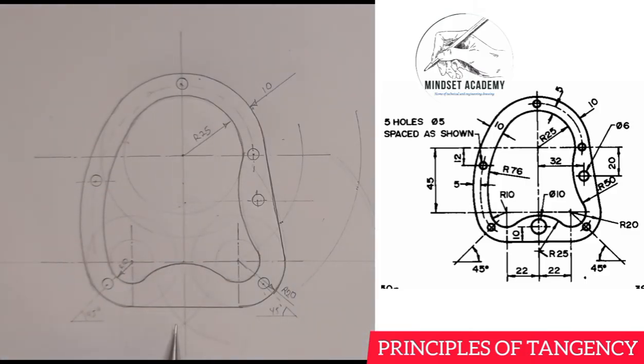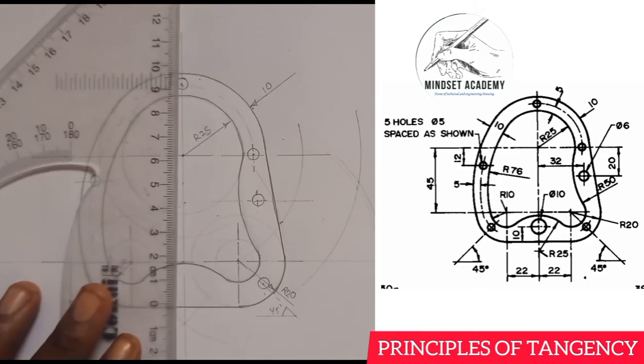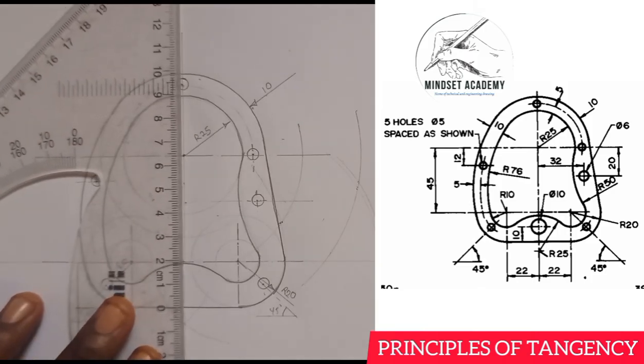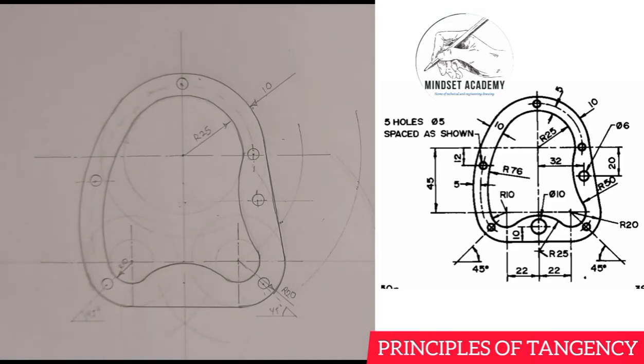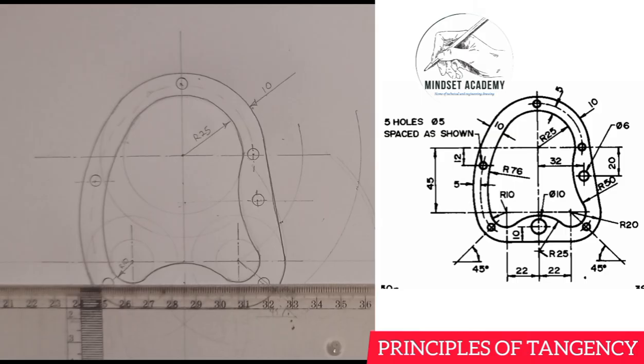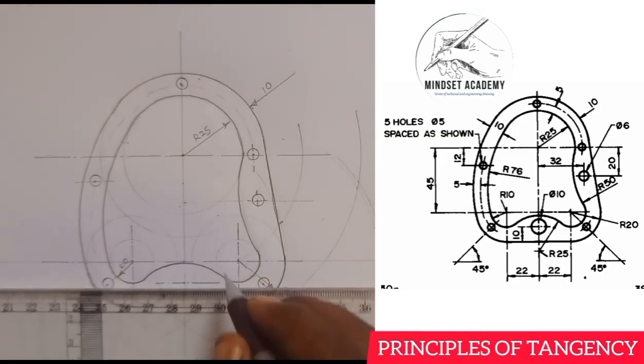Then there's one here. I'm going to measure 10 millimeter up to get the radius of 5 here. So if I do that at this point, you can see that from here to the center is 10 millimeter. So let's come here and I'll measure 10. From 0, this is 10 here. So that will be another center there. So that's long, short, long, short, long.